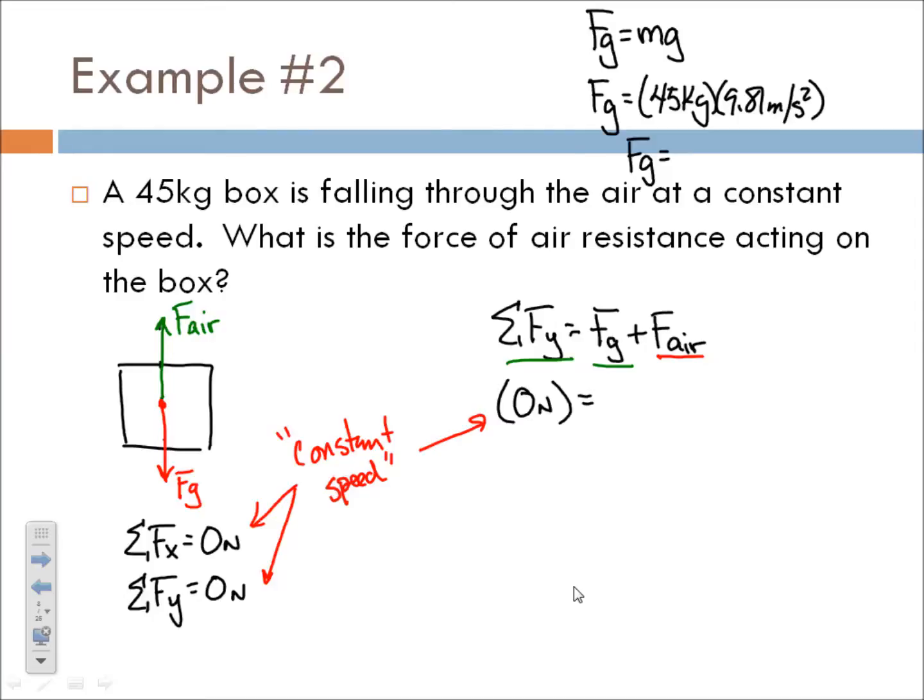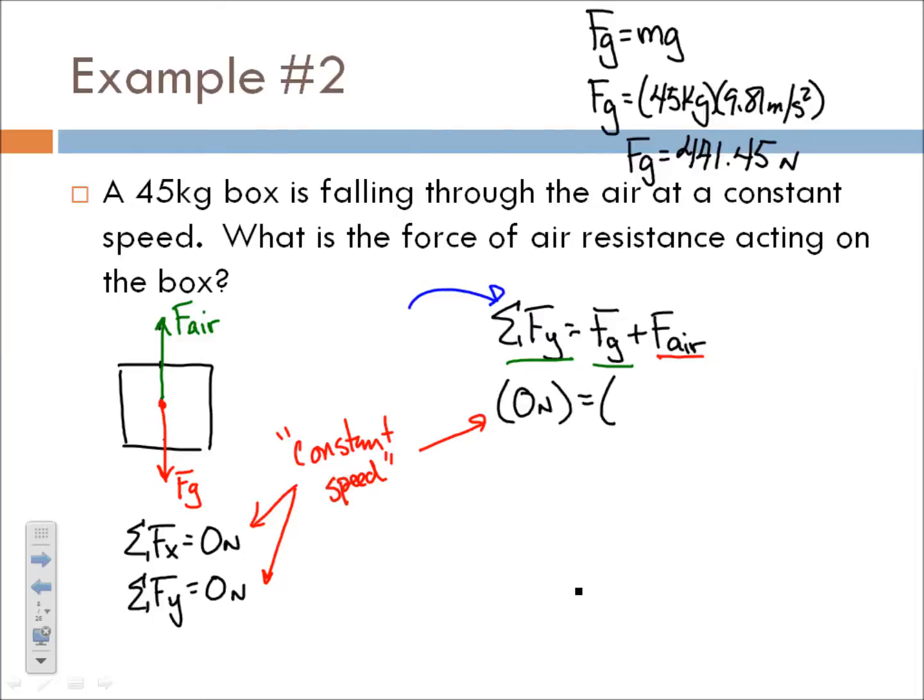I might go off and do some side work, right? But I always come back to this equation right here, because that's the important one. Everything is centered around that equation. All right. So for this, I get 441.45 newtons, right? So I'm going to use that here.